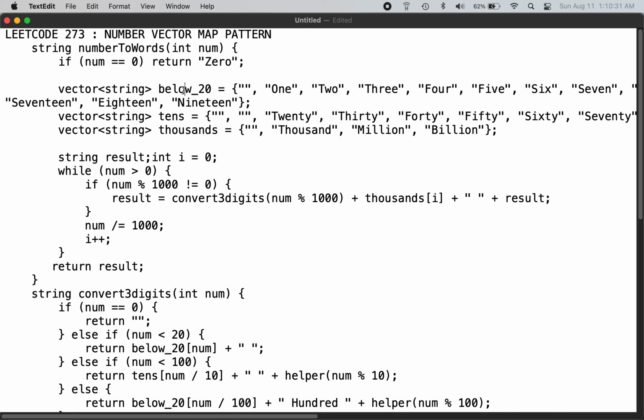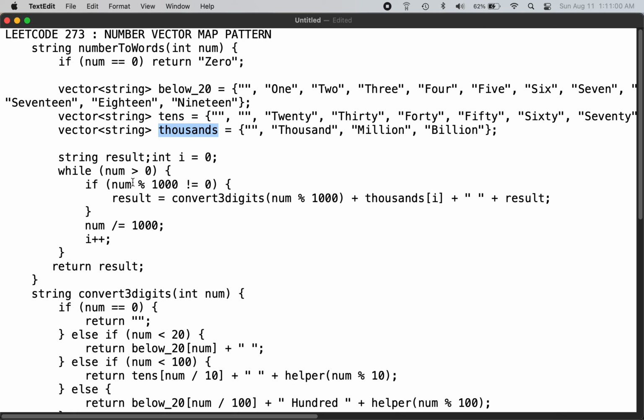There is a vector for below 20, because each one of those is different in English. These are the building blocks below 20, and then you store the tens and then the thousands. You keep dividing by 1000, because as I said, it is chunks of hundreds.